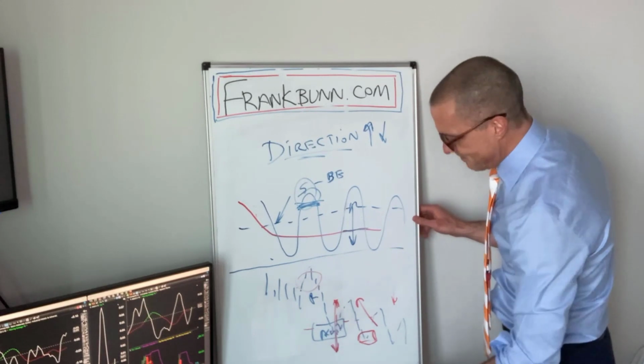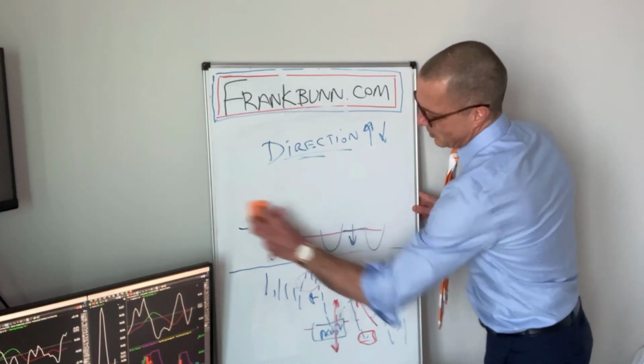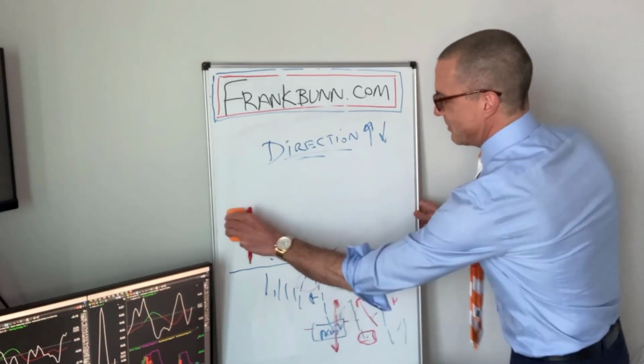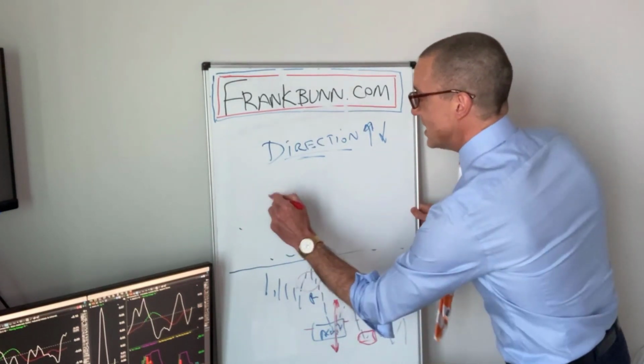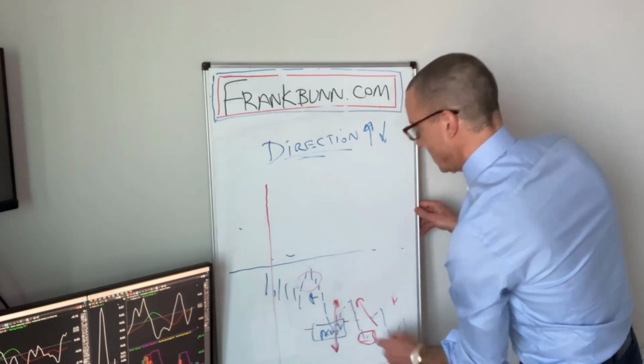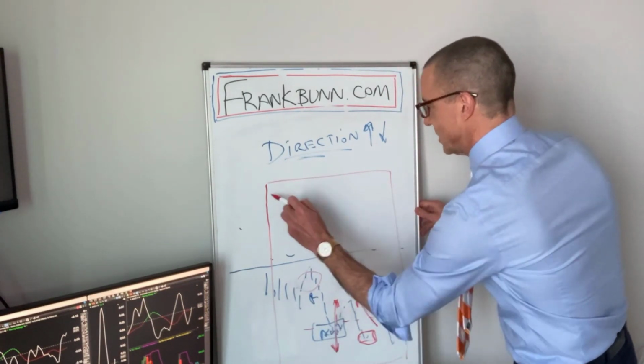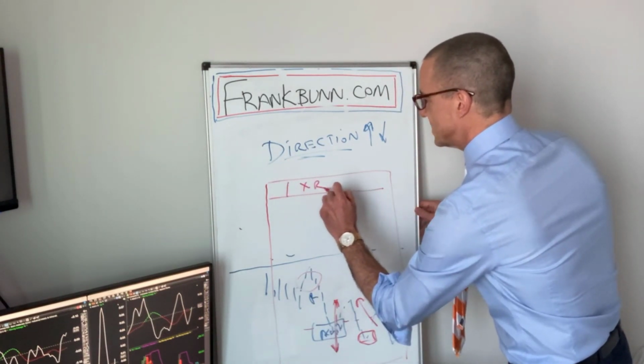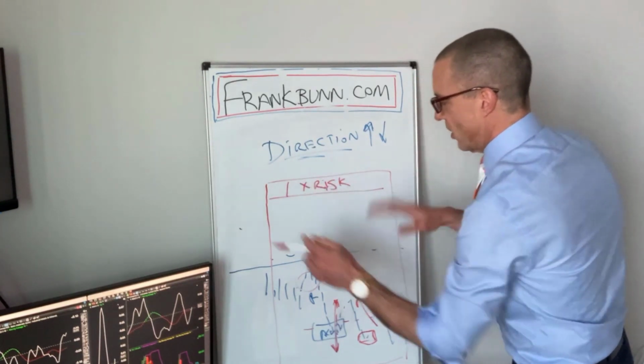So what happens then is when we look at this, we can establish the same risk gain that we've been talking about. So we have this risk gain here, just 1 times risk. That's all we're going to do.